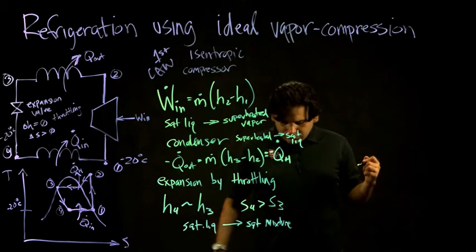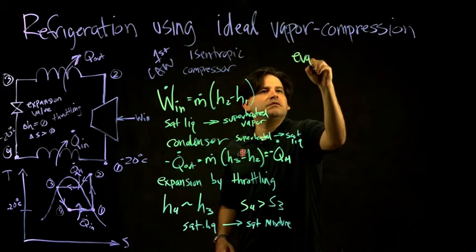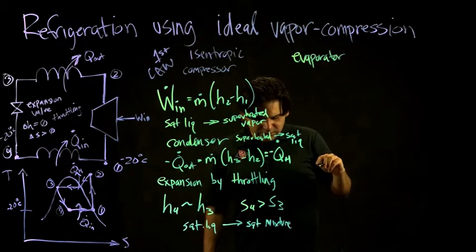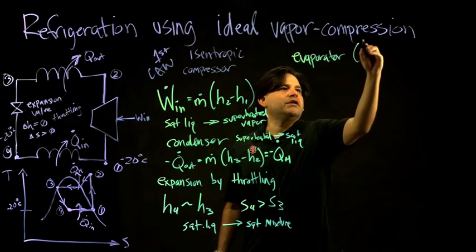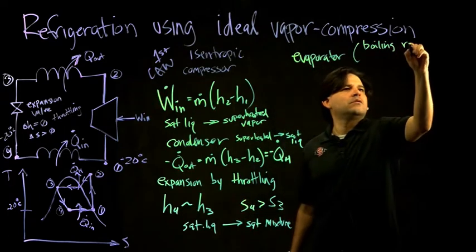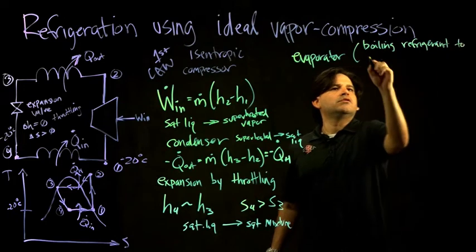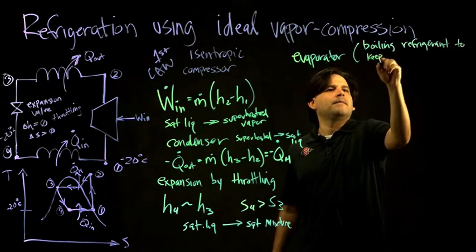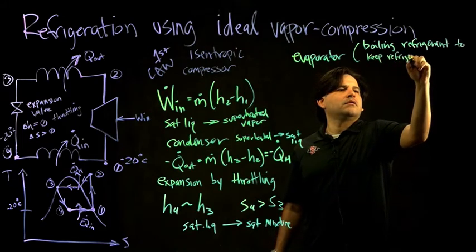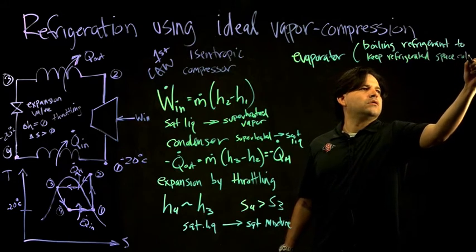Okay? So the evaporator is where the fridging occurs. Like I just said, you're boiling refrigerant to keep the refrigerated space cold.